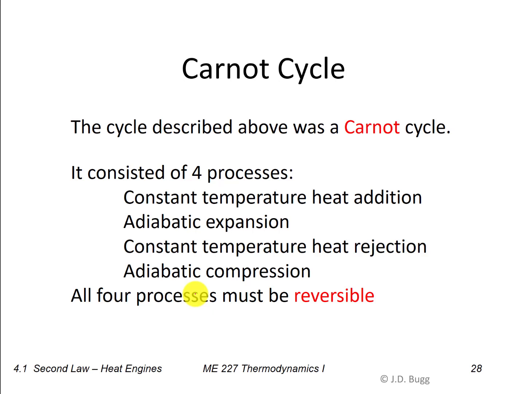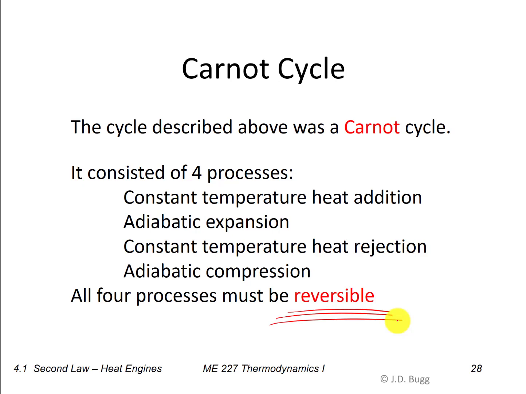Now in addition to that description of those 4 processes, for a Carnot cycle, all of those processes must be reversible. So remember, a reversible process is one with no friction, no sudden expansions, perfectly quasi-equilibrium processes, no sources of irreversibilities at all.